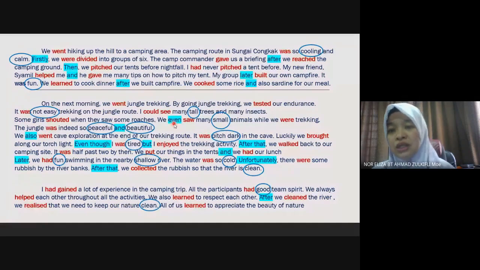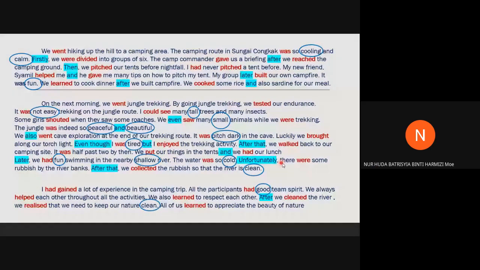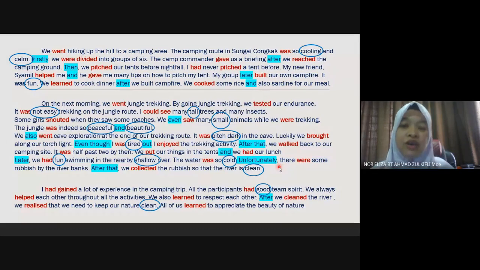What are all these? Conjunctions. Or you can say it is conjunctions, linkers, and connectors. Okay, take note. You use all these: conjunctions, linkers, and connectors. Now you have all this in your essay.